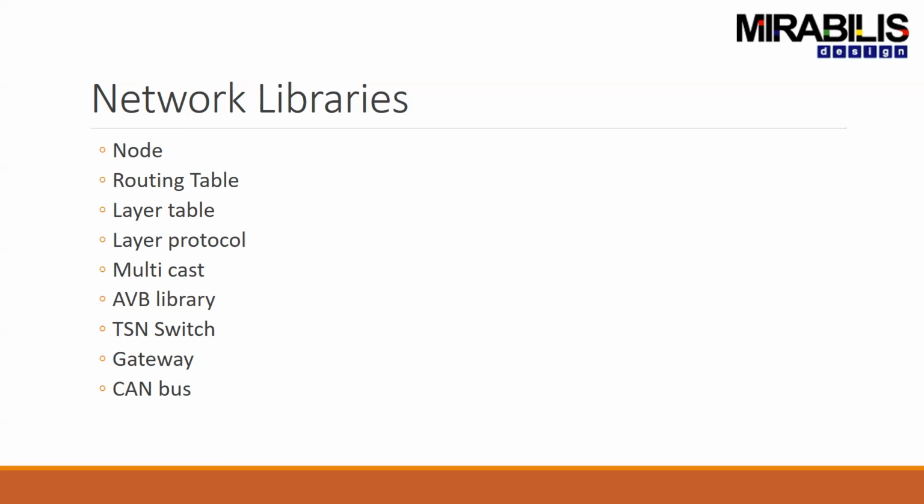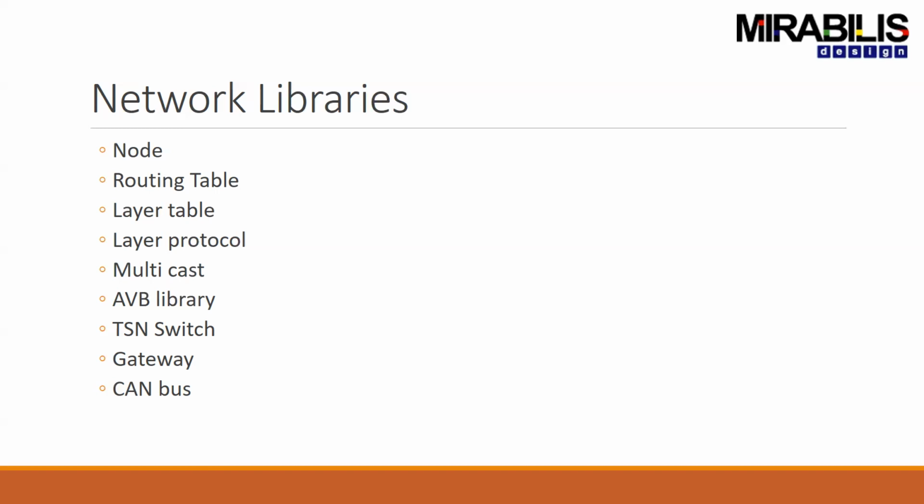And similarly we have layer table. Layer table and layer protocol are used in specifying the OSI layers. So we can say how many layers there are, like MAC layer, transportation layer, application layer. We define those layers and we use the layer protocol to emulate those.